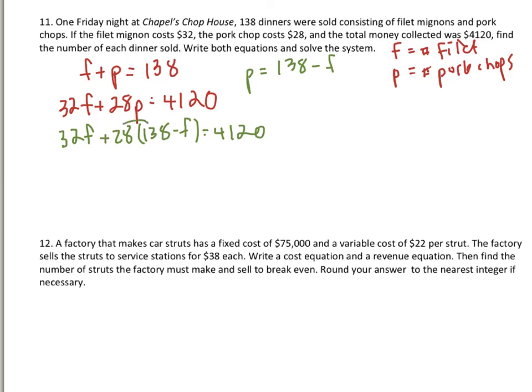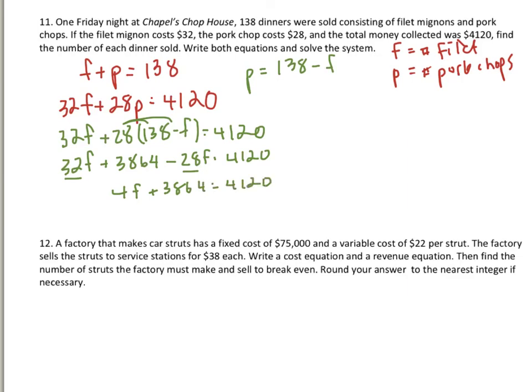I distribute the 28. I get 32F plus 28 times 138, which gives me 3864, minus 28 times F, which is negative 28F, equals 4120. At this point I combine my like terms. I get 4F plus 3864 equals 4120, and I subtract 3864.